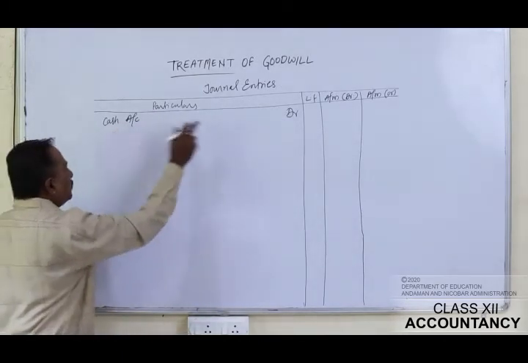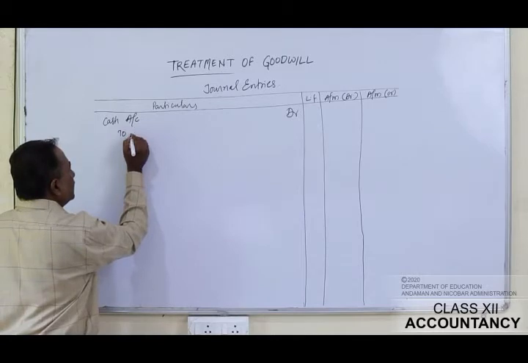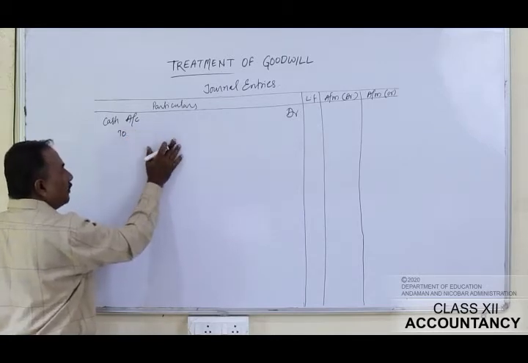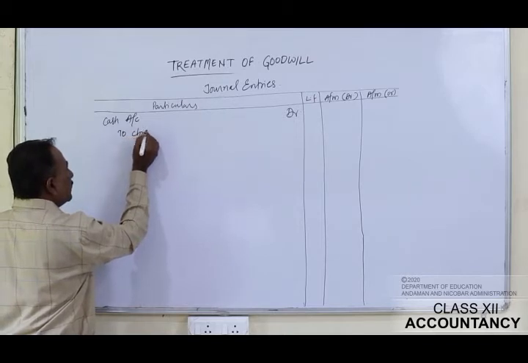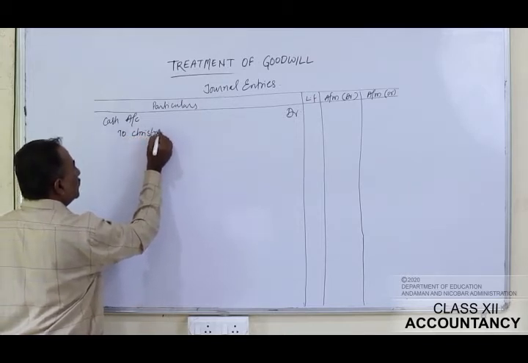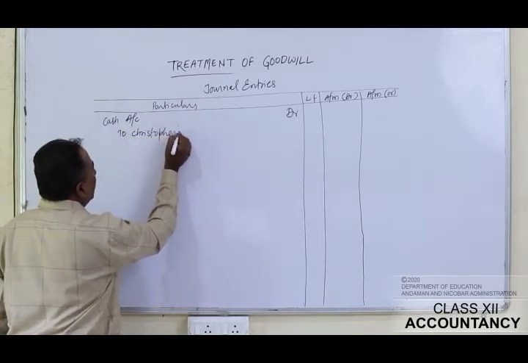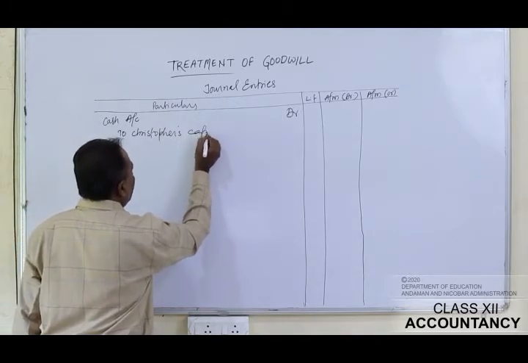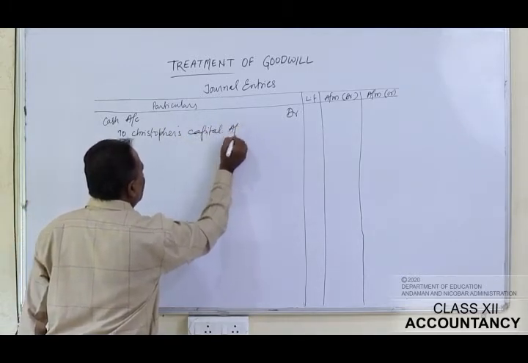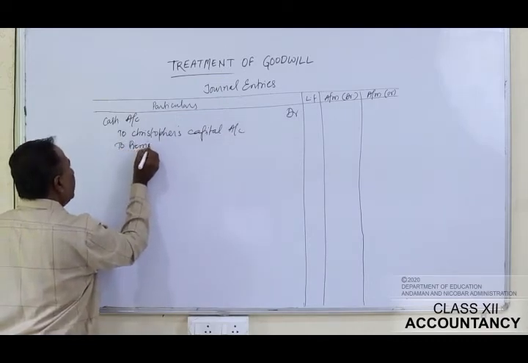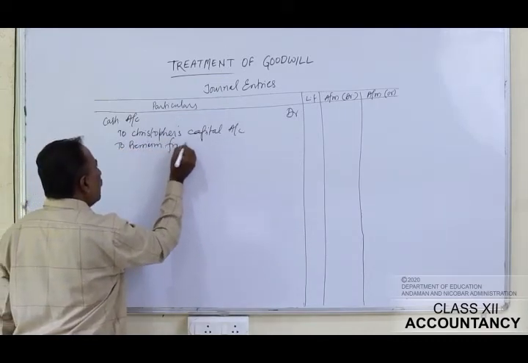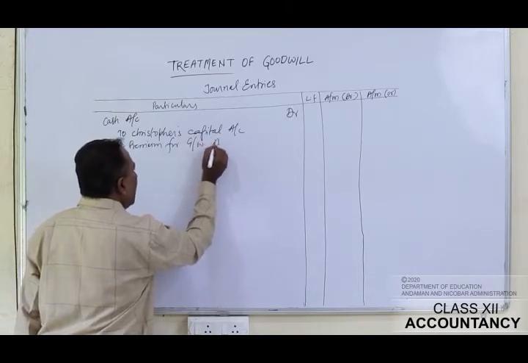So, cash account has to be debited and Christopher's capital account will be credited, and premium for goodwill account.